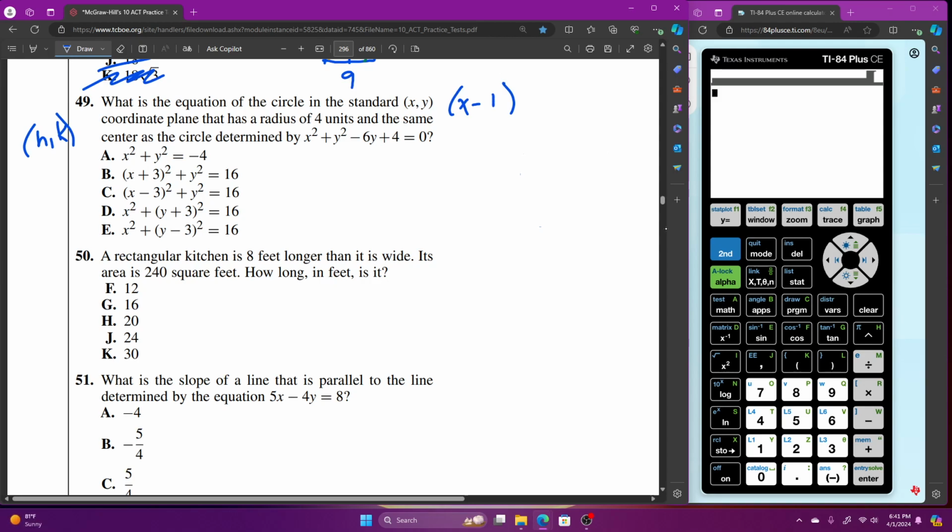X minus h squared plus y minus k squared equals the radius squared. And I know my radius of 4 means r squared is going to be 16. So all of these are a match for the radius. So now we need to figure this out for the center.